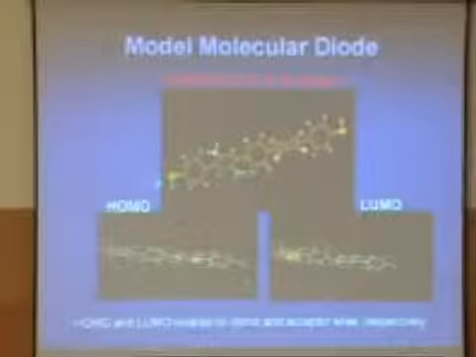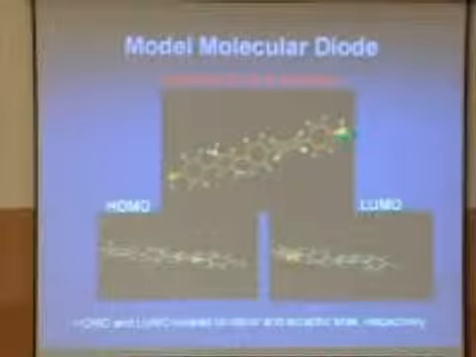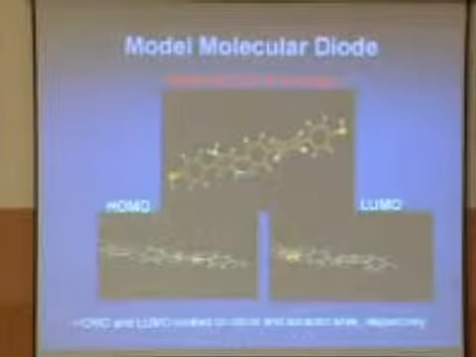So this is again the same metal. We have a donor, a bridge, an acceptor, a bridge, and then again our gold contact metal. And if I look at the highest occupied molecular orbital, this is similar to the top of the valence band in a semiconducting material, in your band gap.